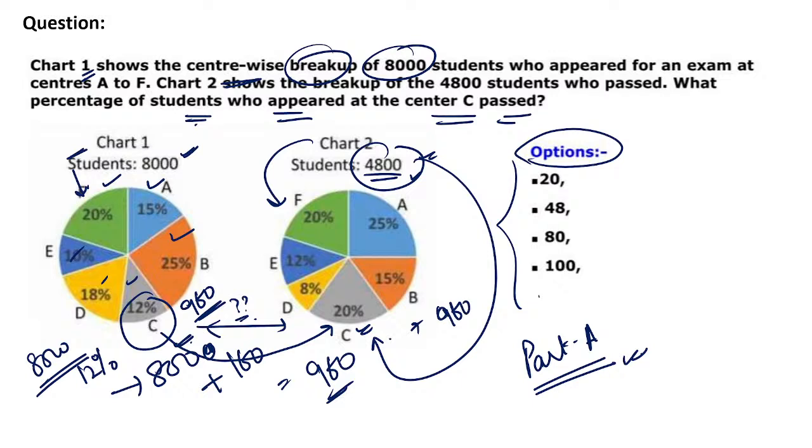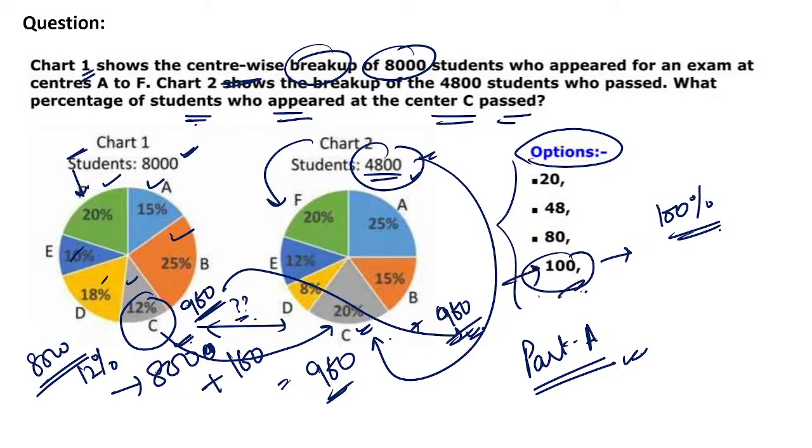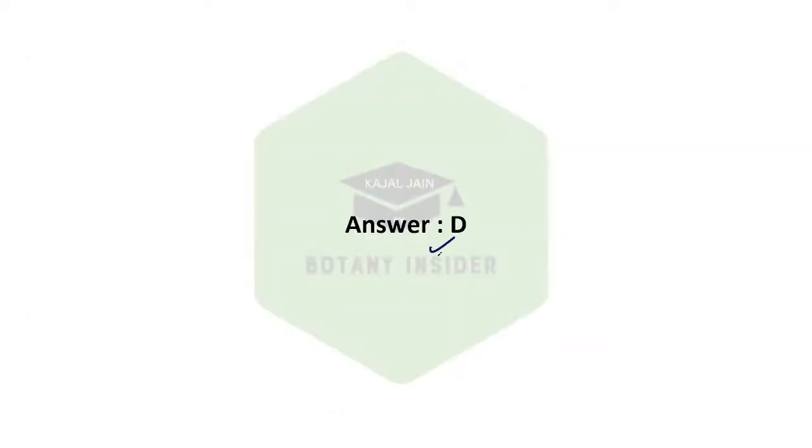It is again 960. So how many students appeared and how many qualified? It is 100%. That's why D is the correct answer for this particular question, right? D is the correct answer. Simple and basic question. I hope it's clear to all.